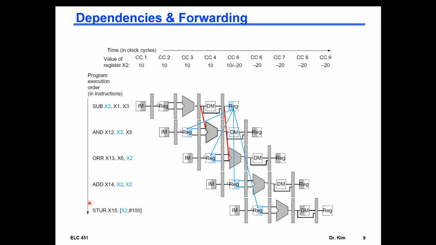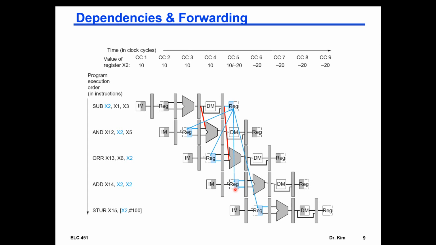Now, in this clock cycle over here, we're fetching this instruction. Here, we are reading both registers from the register file to be register 2. So both outputs of the read ports are going to be the same register, register 2. But we haven't finished executing that stage.